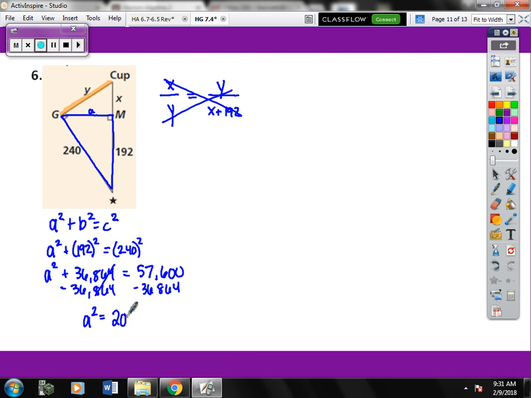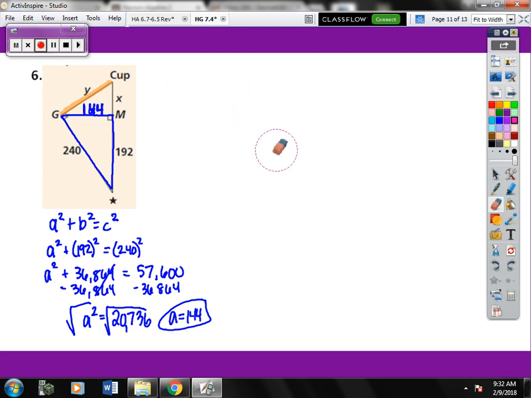We'll get 20,736, and then we'll square root that. And we'll get that A is 144, which means this side up here is 144.